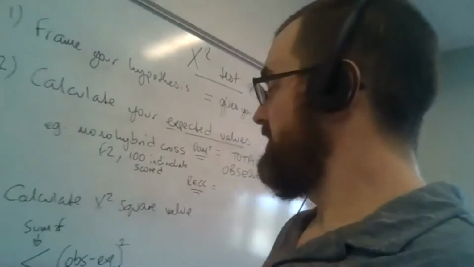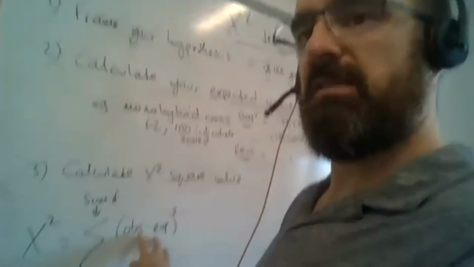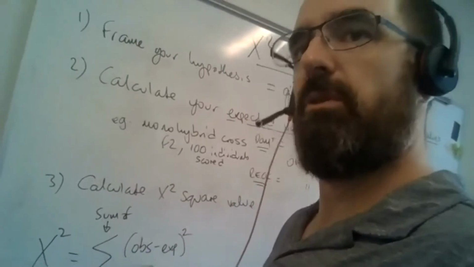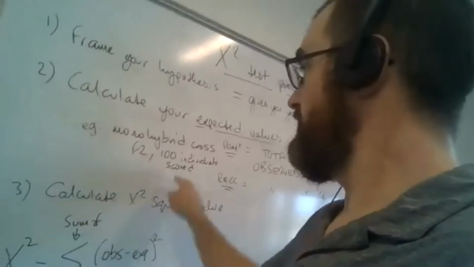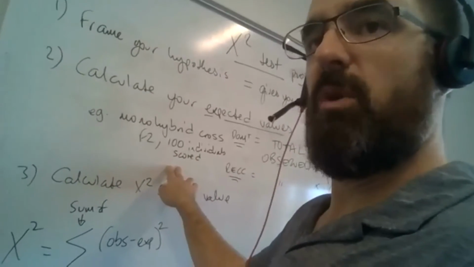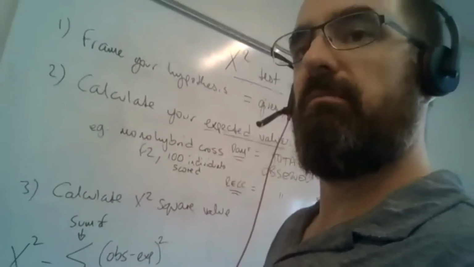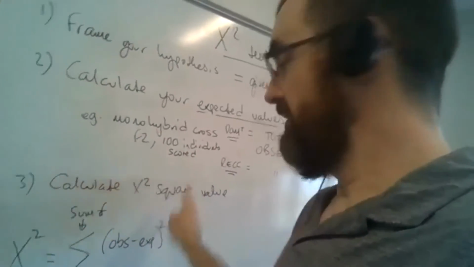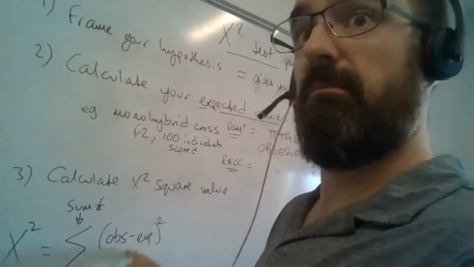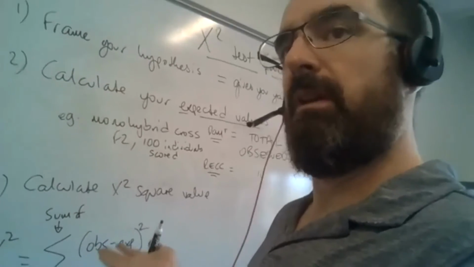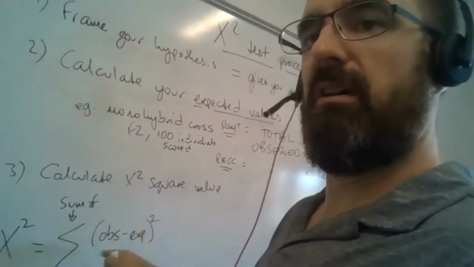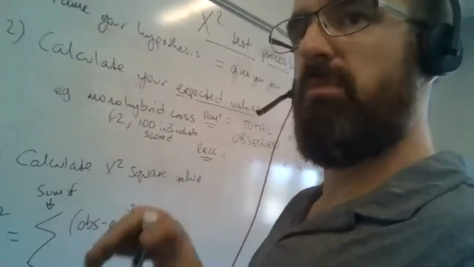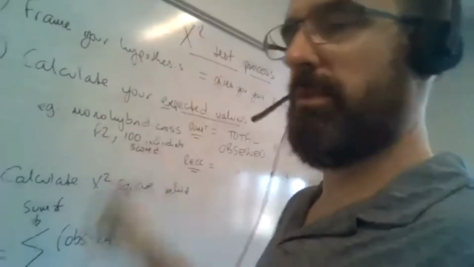But anyway, this difference will be bigger the bigger the numbers you're looking at. If you're just looking at 100, you might have a difference of say 2 squared. If you're looking at 10,000, you might have a difference of 200 squared, right? Much bigger number. So we need to account for the absolute sizes, so that we can compare small sample sizes with big sample sizes.